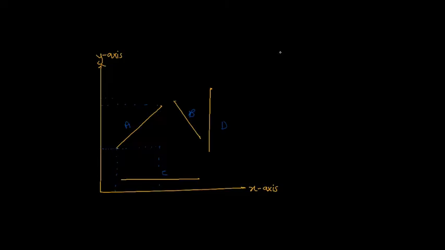So the gradient m for line A will be positive, because the gradient is y2 minus y1 over x2 minus x1. And if you look at it, here is where we have x2 and y2, and they are definitely bigger than x1, y1, so we are expecting our gradient to be a positive gradient.